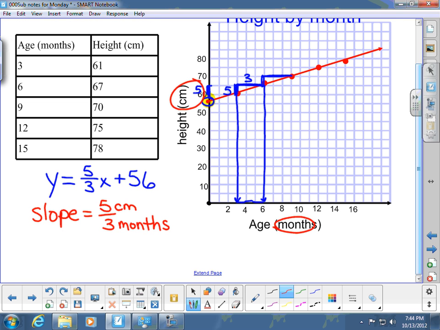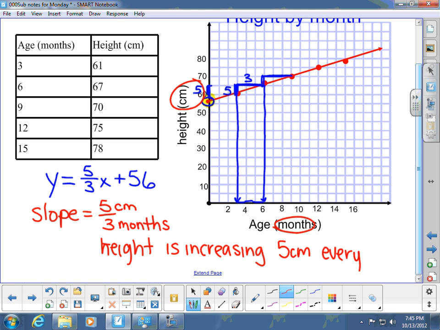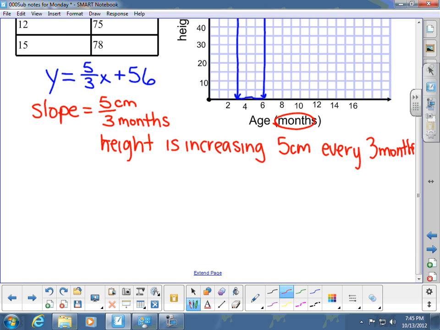What this means is that the height of the child is increasing because the line is going up 5 centimeters every 3 months. Another way to say that, if we actually do 5 divided by 3, that would be about 1.6 repeating, or exactly 1.6 repeating.